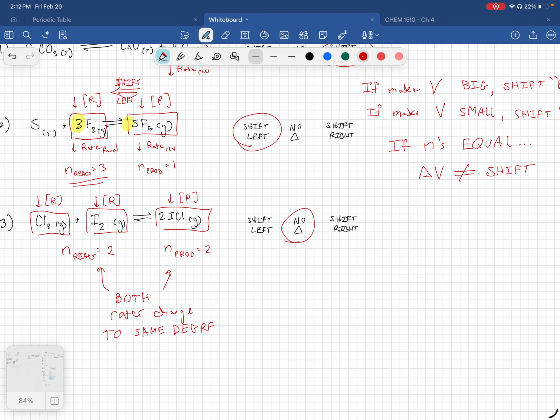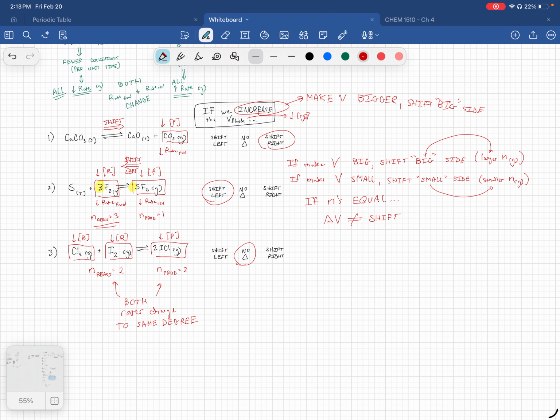The forward and the reverse rates are getting slower, but they're getting slower by exactly the same factor. So they're both halved, right? Or if we were to decrease the volume of the vessel, maybe they're both doubled, right? They're both exactly doubled. So no change, okay?